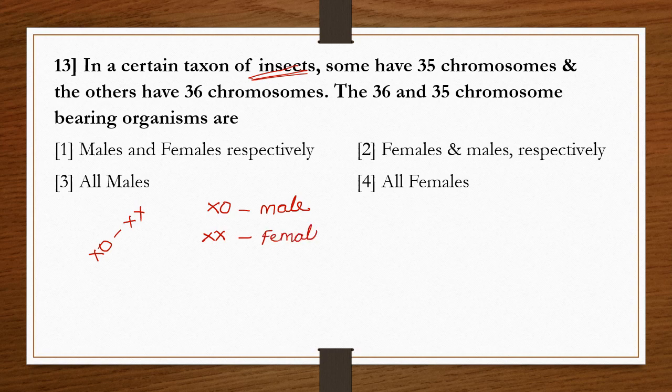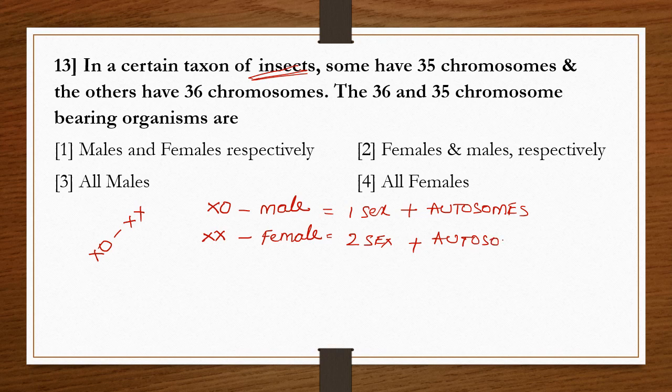That means the male consists of only one sex chromosome plus autosomes, and the female consists of two sex chromosomes plus autosomes.